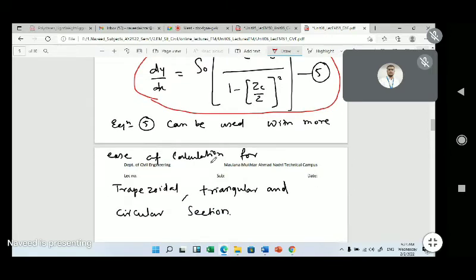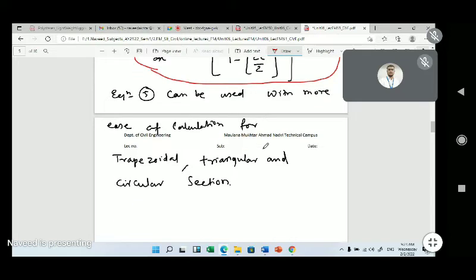These are nothing but the dynamic equations to find out the slope or profile of your water when gradually varied flow is there. These equations help to find out the profile of your flow in the case of an open channel.